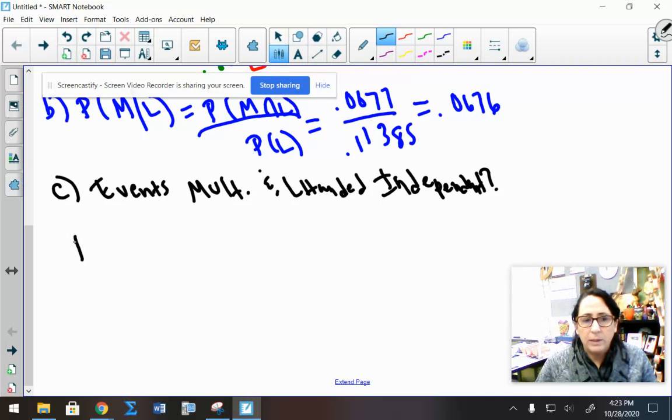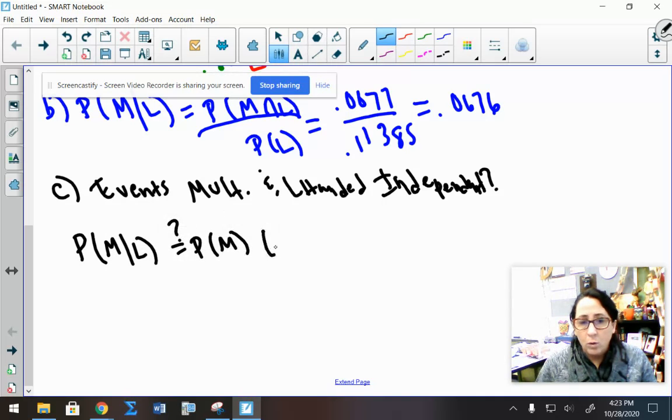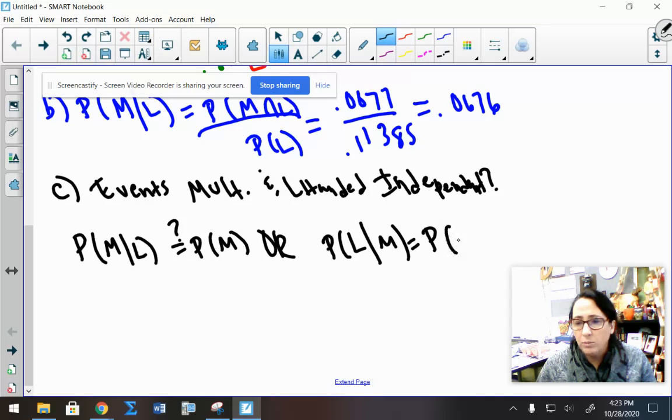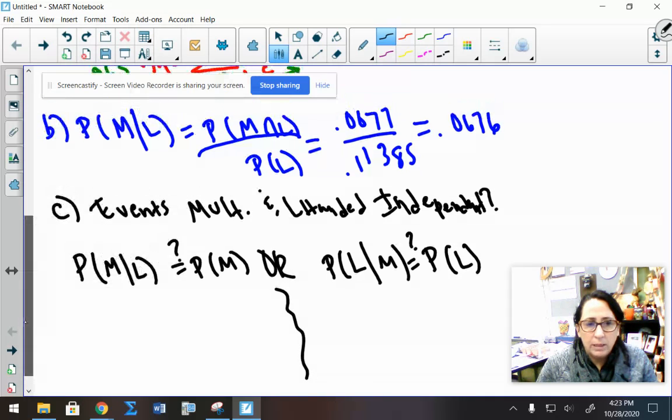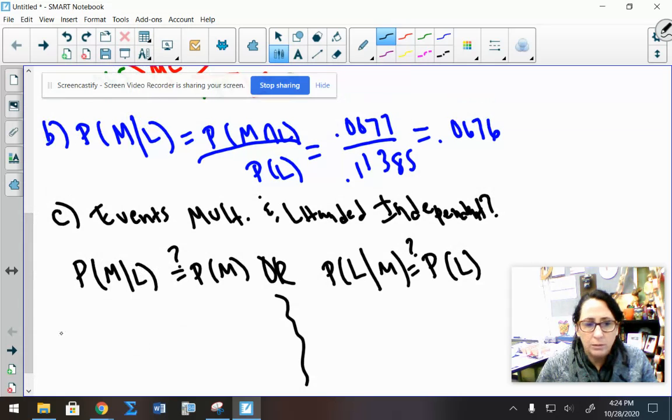Or you could switch the variables and ask if the probability of L given M equals the probability of L. Either way works. Let's say we wanted the probability of M given L. We just got that in part B, 0.0676. Is that equal to the probability of multiple births, 0.035? It is not, so these are not independent.